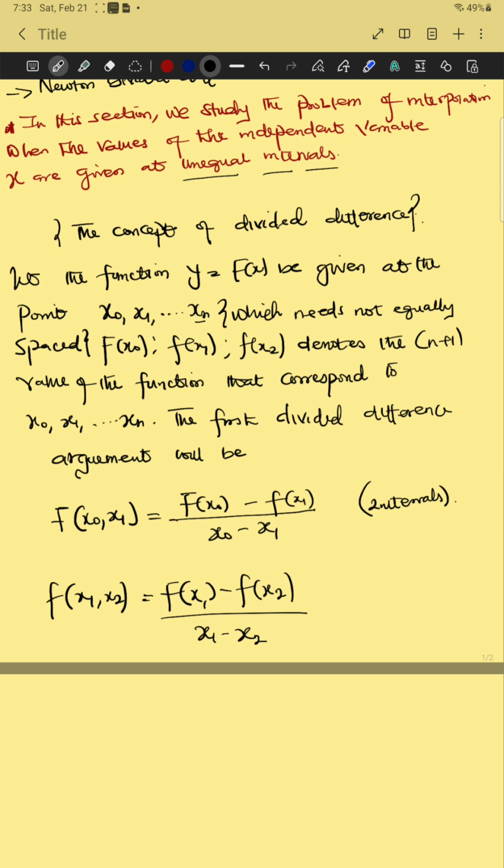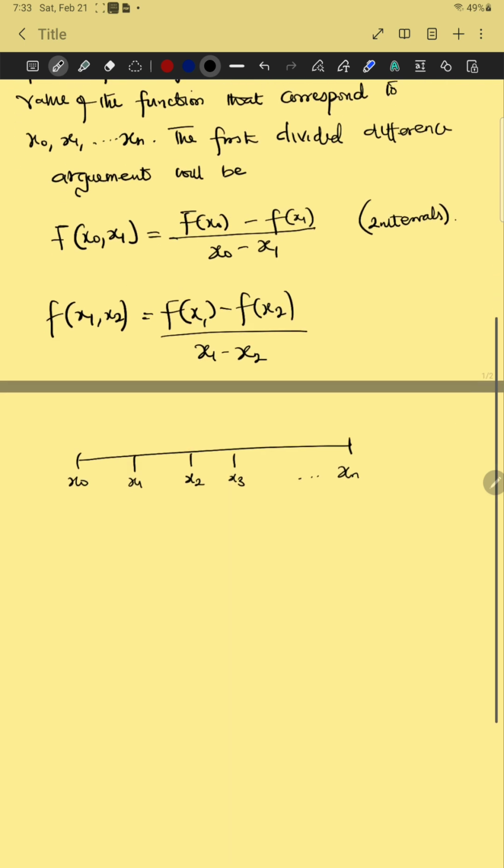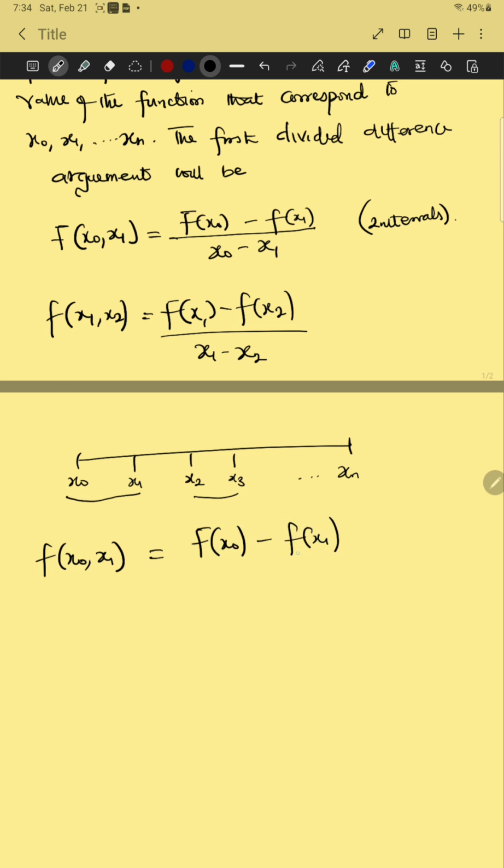If we have x0, x1, x2, x3, as we approach xn, and you want to find the divided difference of two of the points, taking f of x0 comma x1, the answer is f of x0 minus f of x1 over x0 minus x1.